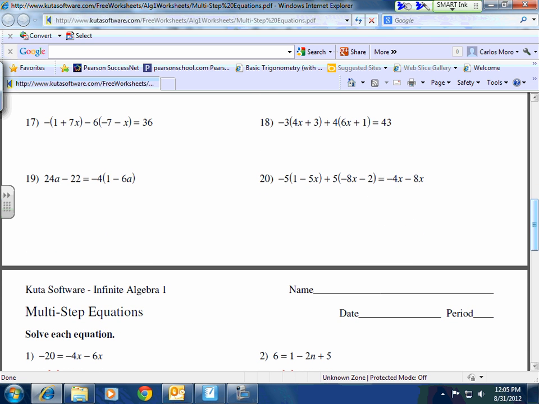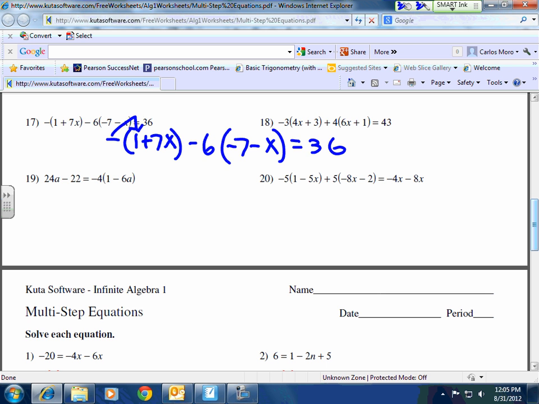All right. Next, I've got negative 1 times parentheses 1 plus 7x, minus 6 times parentheses negative 7 minus x, equals 36. Distributive property. That's the first step. So I'm going to distribute that negative 1 to both terms. So it's going to be negative 1 minus 7x.